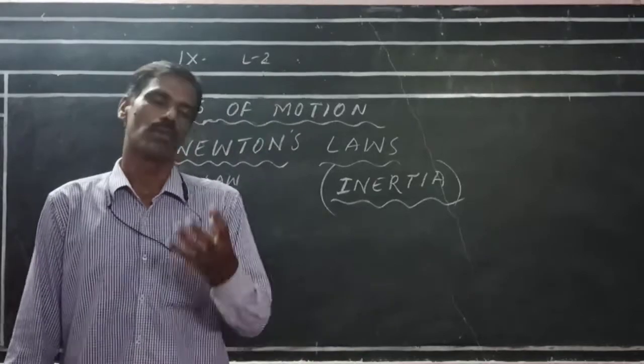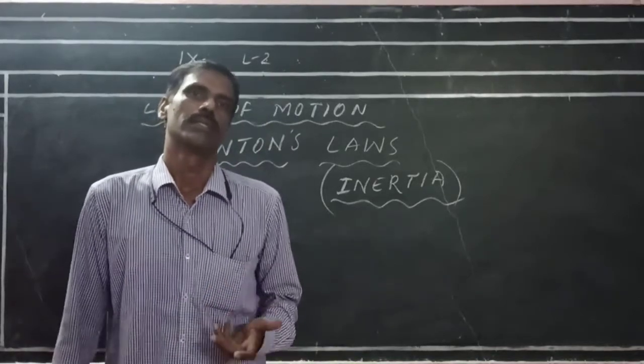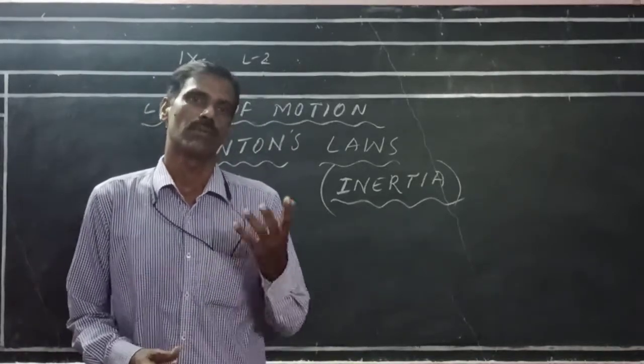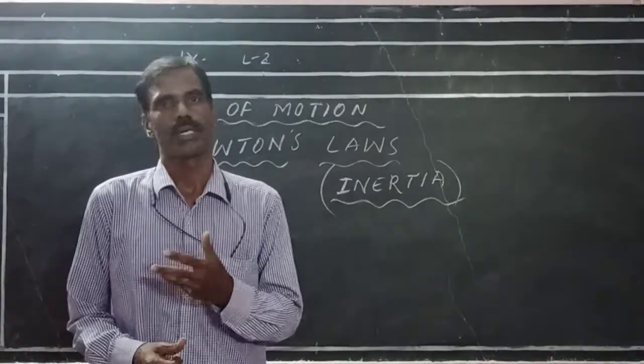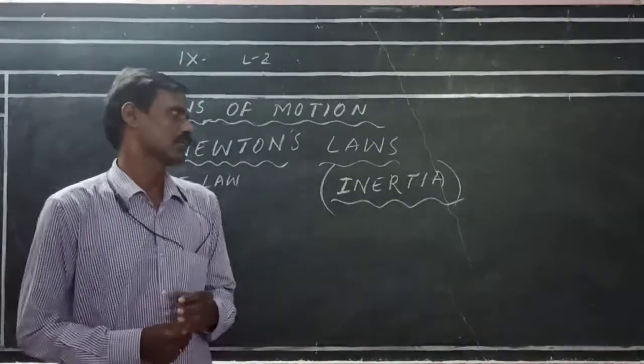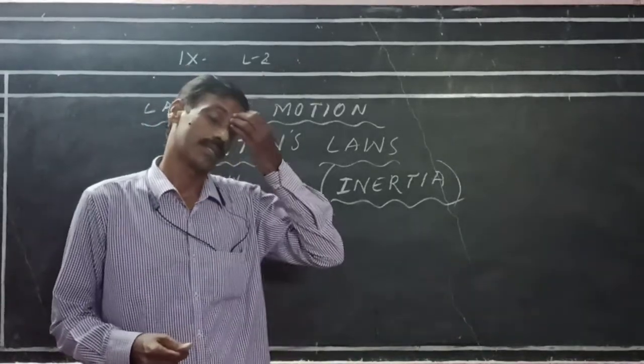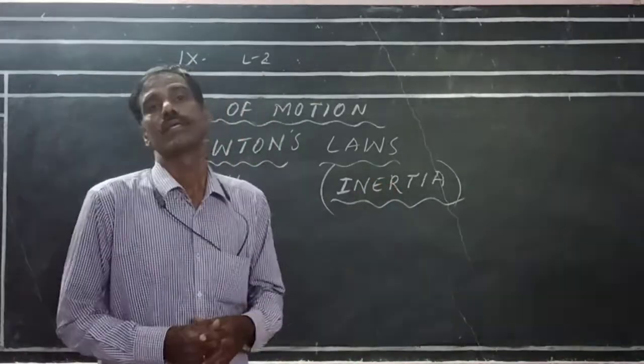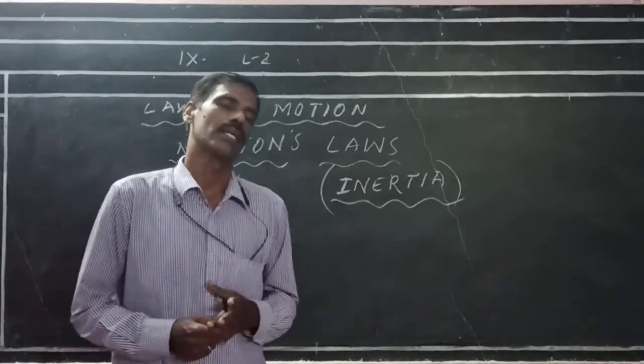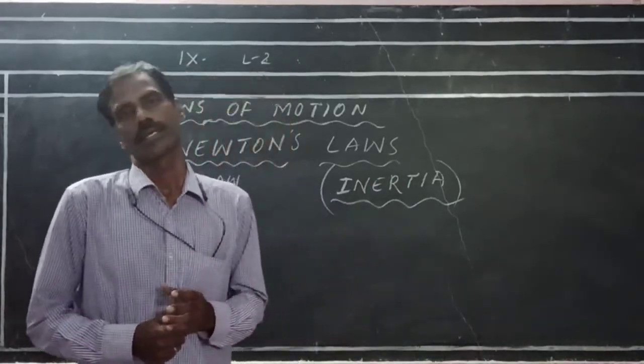Inertia of a body is the property of the body to continue in the state of rest or of uniform motion unless it is compelled by an external force. This property can be observed in our daily life in many cases.